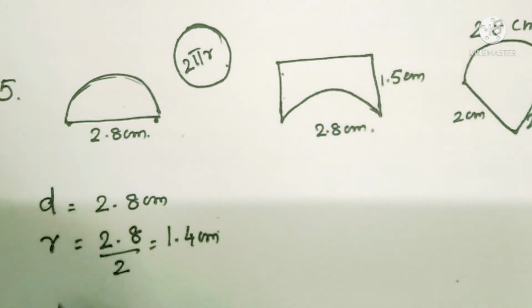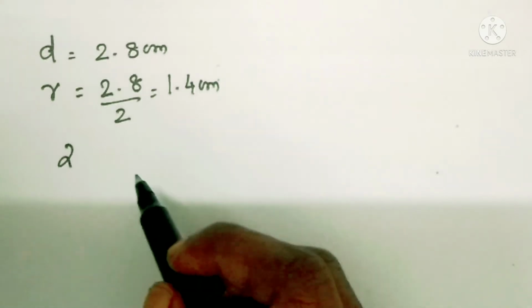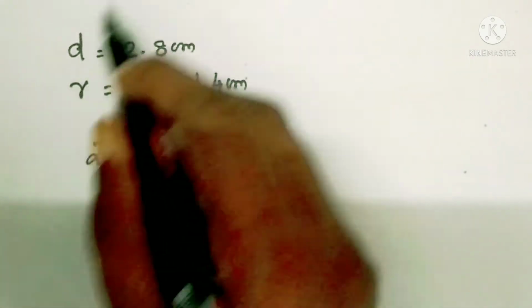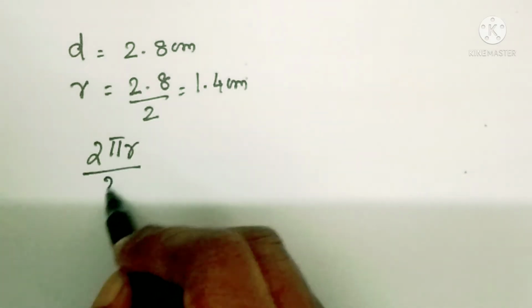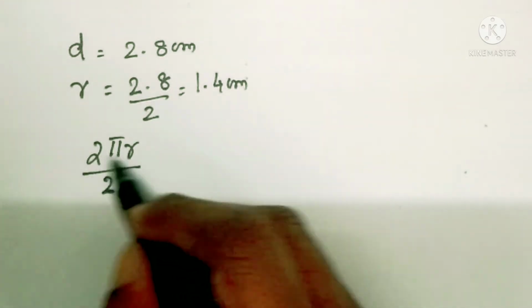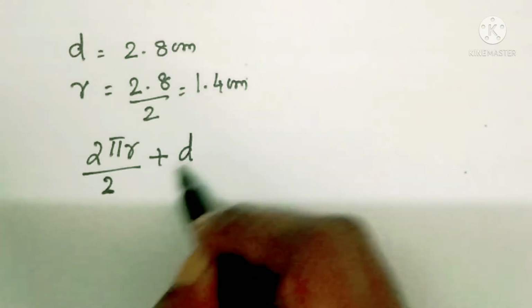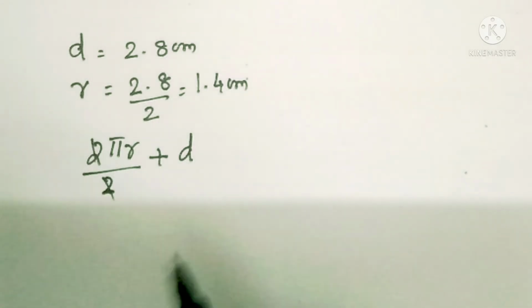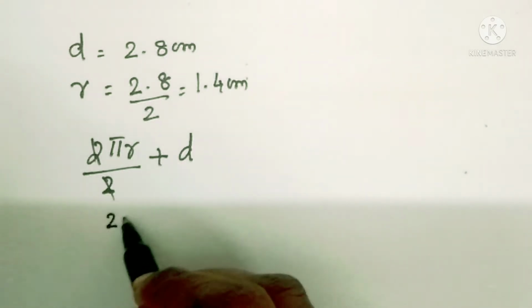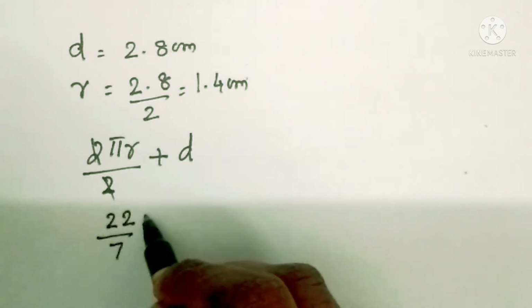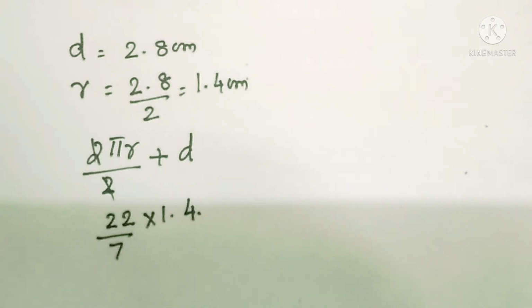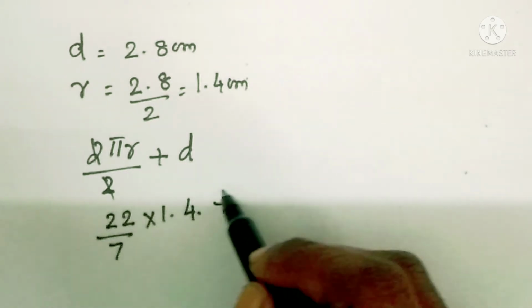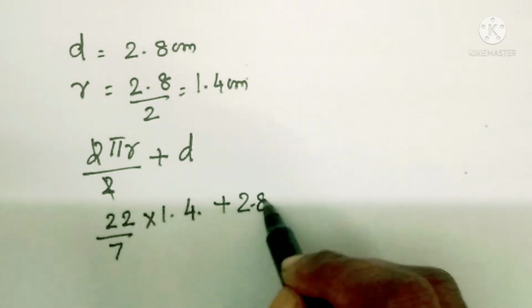So the total distance will be, see, the total length of a circle is 2 pi r, so half of it is 2 pi r divided by 2, plus d. This 2 will get cancelled. So pi means 22 upon 7, r is 1.4, plus d, which is 2.8.